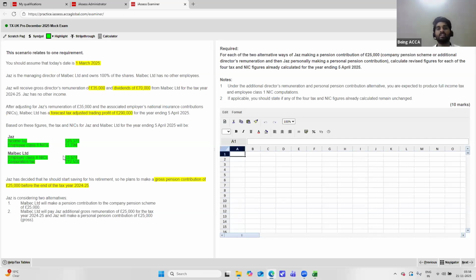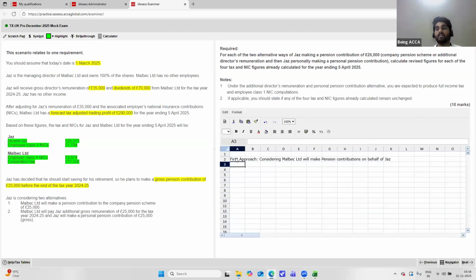Now let's quickly start off with the question. First, considering the first approach, where Malbec Limited will make pension contributions on behalf of Jazz.